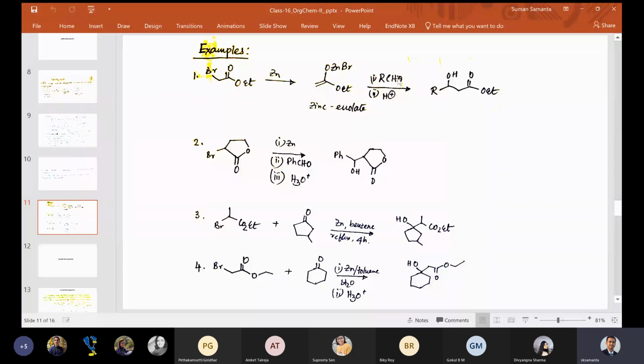That negative charge attacks this aldehyde to form this kind of alcohol. Similarly, in this case you have a bromine, so zinc bromide means a negative charge here. The negative charge would attack this phenyl carbonyl, and then you get this kind of compound. Similar with this one, it will attack through this center, and then OH formation has happened. This case is also the same as the previous case, with cyclohexanone. These are very simple problems. You can easily see from here.